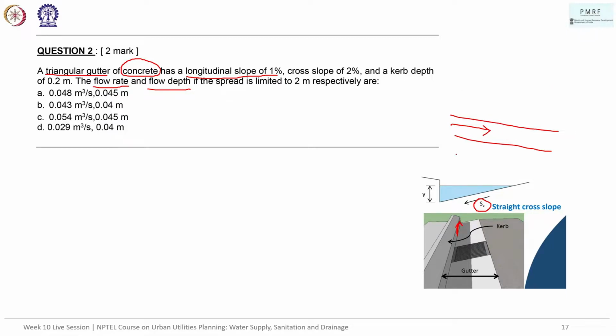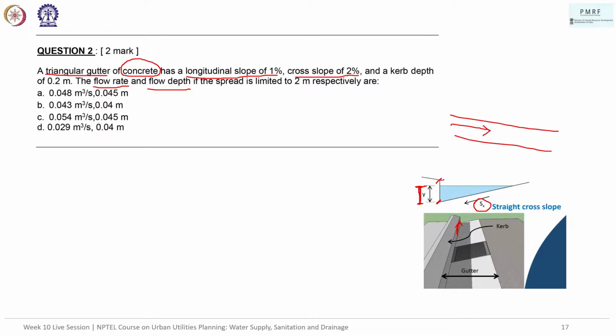Very bad depiction, but yeah. So this is along the length of the drain, the gutter, right? So longitudinal slope of 1%, cross slope of 2%, and curb depth. So we have two depths here. One is the depth of flow, as in how much fluid is flowing, right? And one is the top of the curb depth.